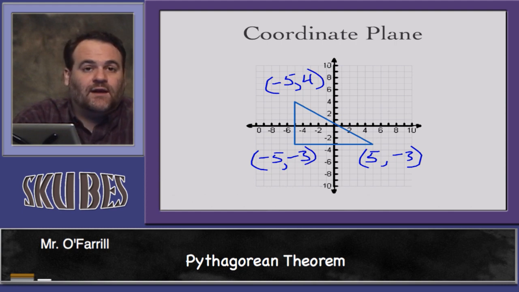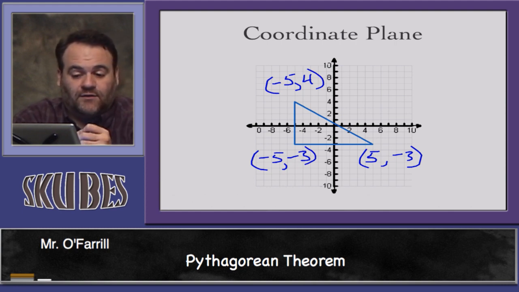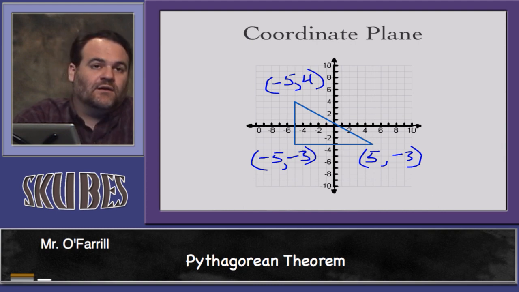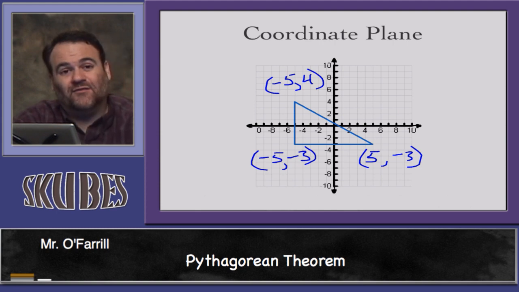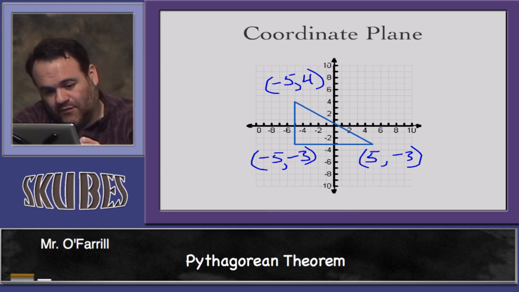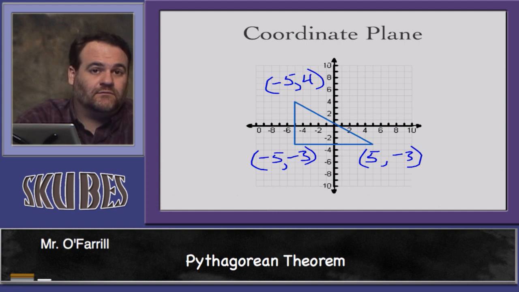One way to look at that is we can look at the y values here. It goes from 4 to -3. The difference between the two, 4 minus -3, being 7, would give us that length. Or another way to do it would be to simply count the squares. 1, 2, 3, 4, 5, 6, 7 squares.